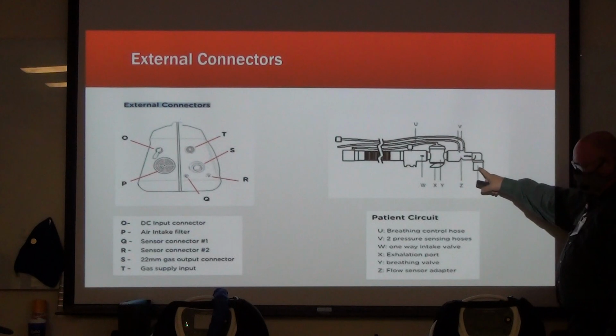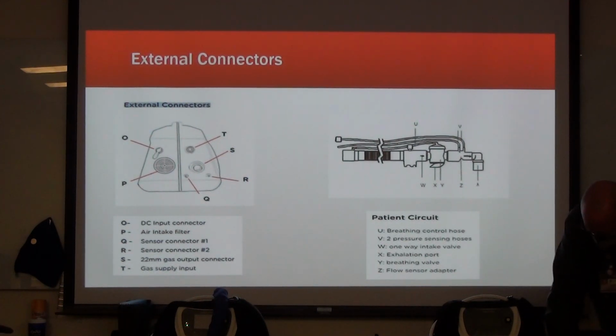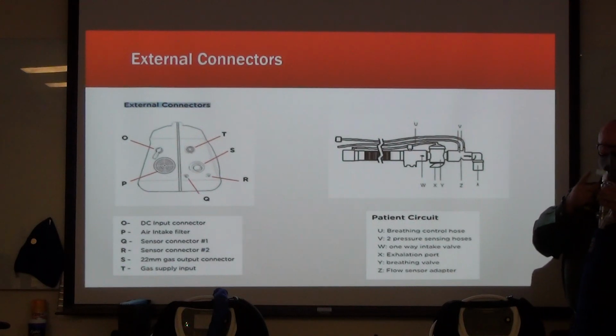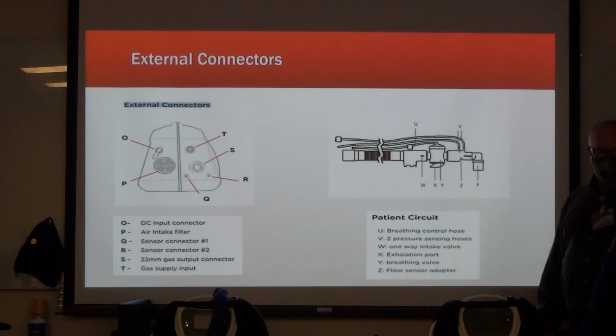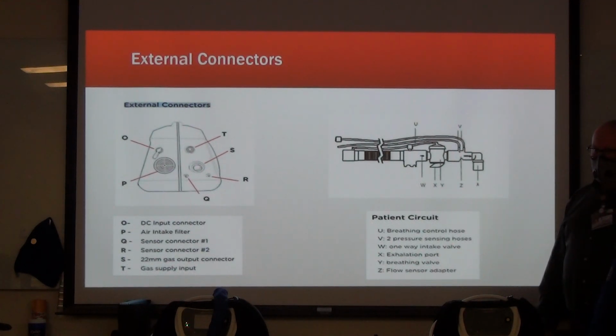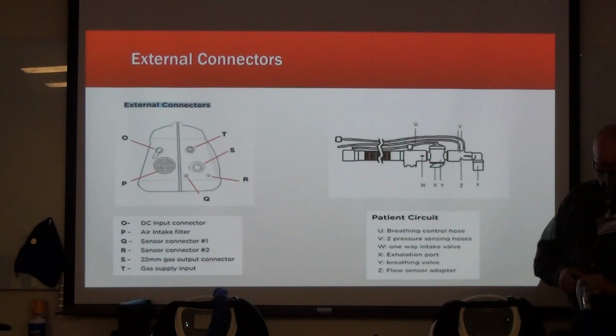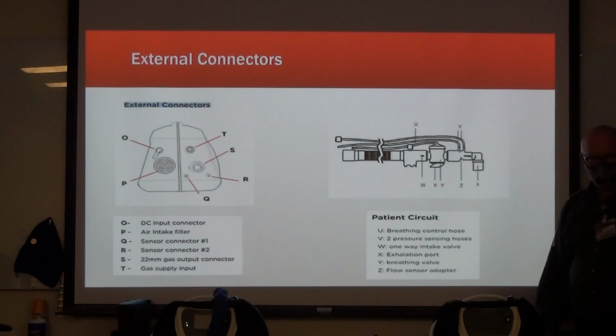Also, at this very end right here, what goes on here? End tidal filter, right. So you can put end tidal here, filter. You can put your nebs on that, between that.